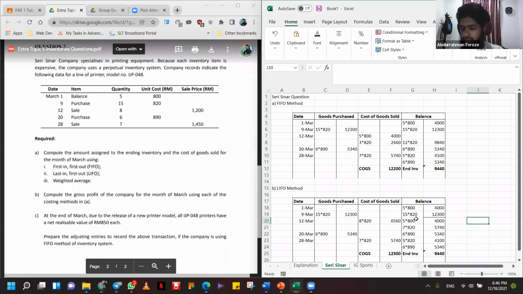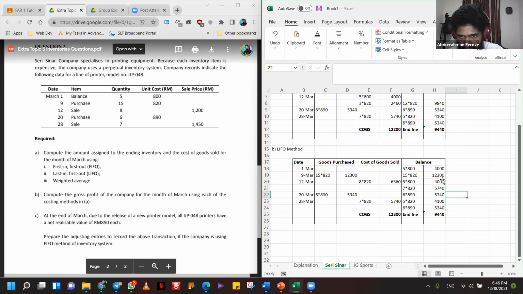That's what happened, right? And then on 20th March, we made a purchase of 6 printers at 890. That is once again that. Let me divide this a bit so it's a bit more clear.